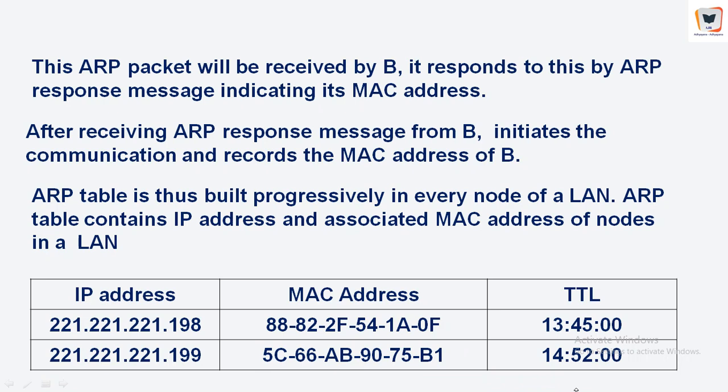In that situation, ARP builds a translation table, the ARP table or ARP cache, progressively by sending ARP request packets to all the other nodes, and that is how every node gathers the MAC address of every other node in the LAN.